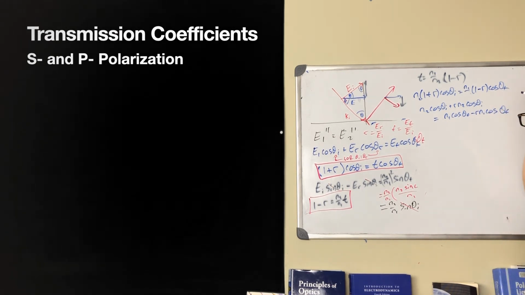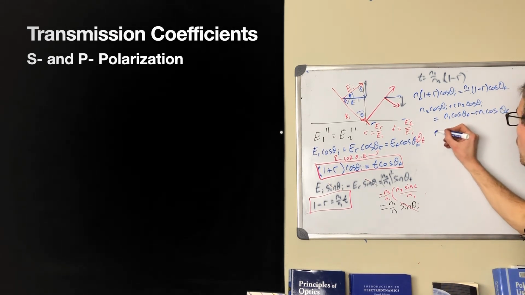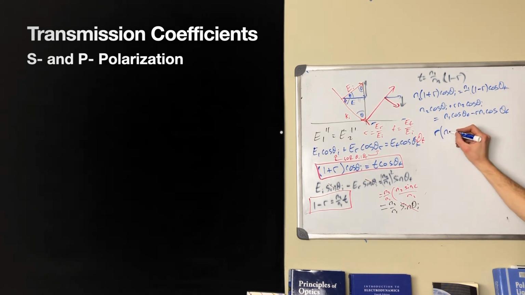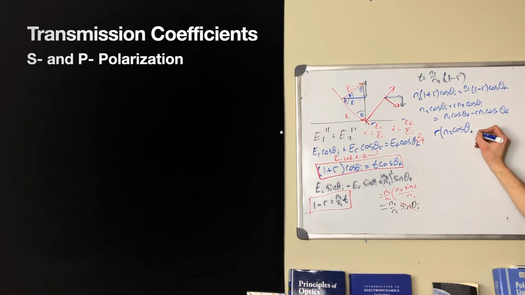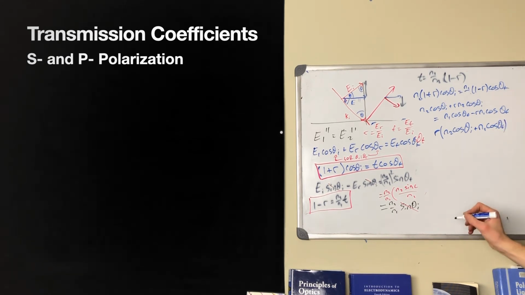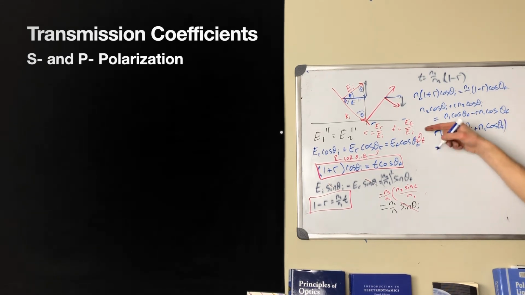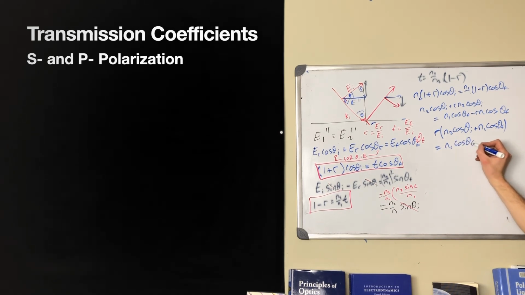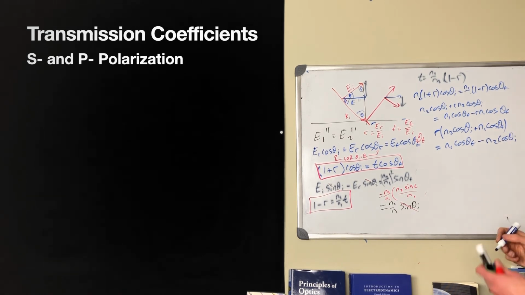Let's isolate the r's to one side. So we get r times (N2 cosine theta incident plus N1 cosine theta transmitted) is equal to whatever's on the other side, which is going to be N1 cos theta transmitted minus N2 cos theta incident.